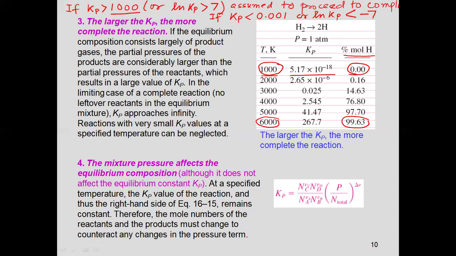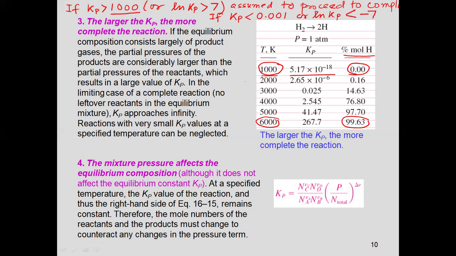If the equilibrium composition consists largely of product gases, the partial pressures of the products are considerably larger than the partial pressures of the reactants. So the partial pressure of the product will be higher, definitely, depending on the value of Kp.